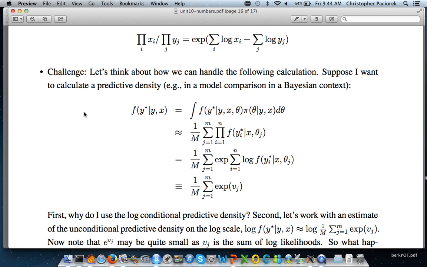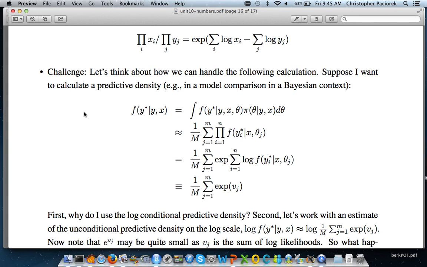Well, my first rule of thumb from what we just said before is if I see a product, think logs. Because what's going to happen here? If we think about what a density often looks like in terms of numerical values, if you just calculate a normal density, maybe you'll get a number like 0.02.